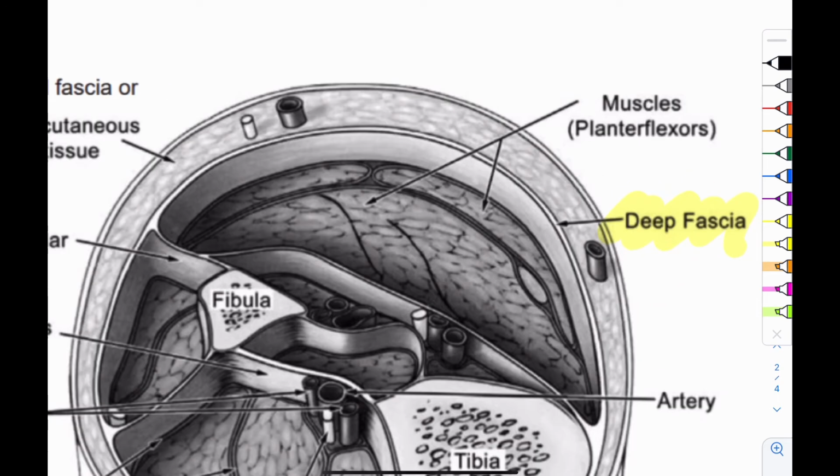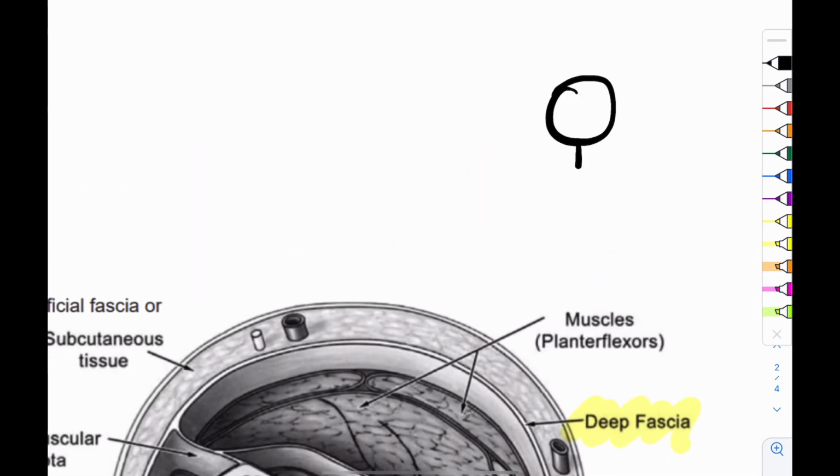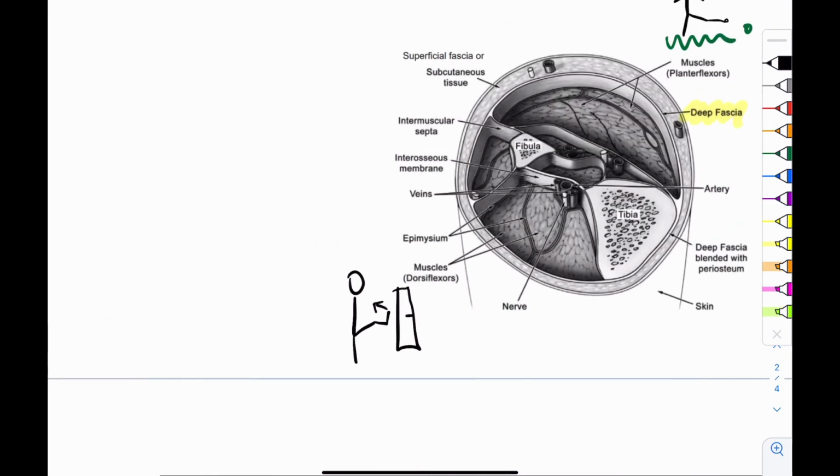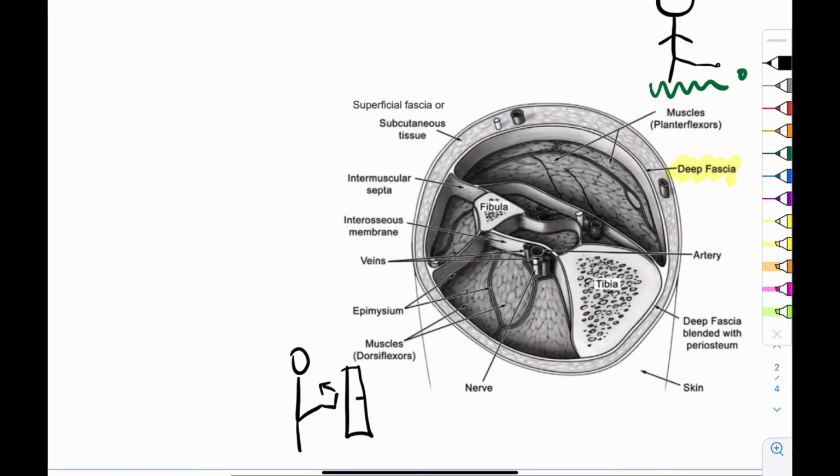Whereas for plantar flexors, you imagine you're standing on some grass and there are plants, and you wanted to point your foot at the plant, you would point your foot. Imagine that was your toe. So plantar flexors, you're pointing; dorsiflexors, you're pulling up. They might ask questions on that in the test or exam.